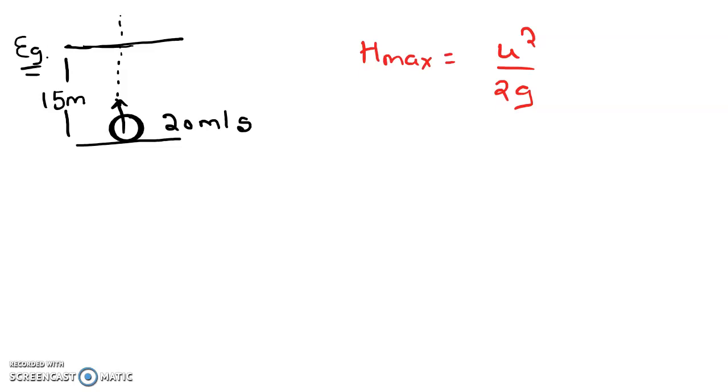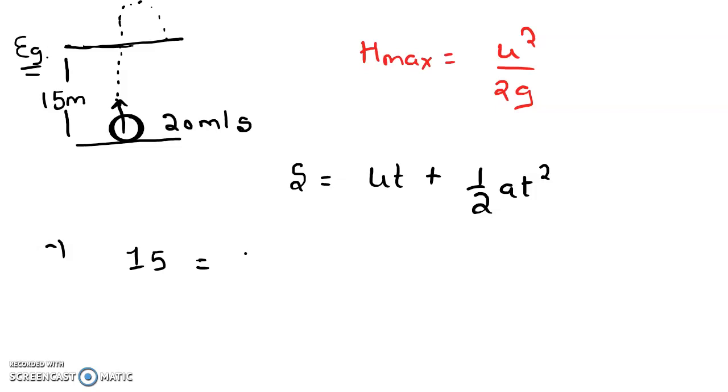So if I need to find when it would cross 15 meters, I can easily use the equation of motion. Displacement is positive 15, s = ut + half at square. What is s? 15 meters.